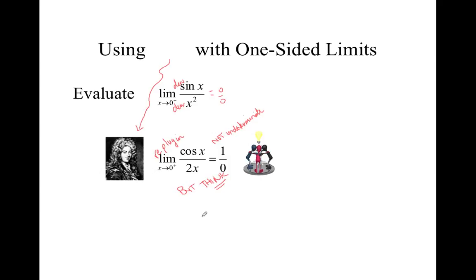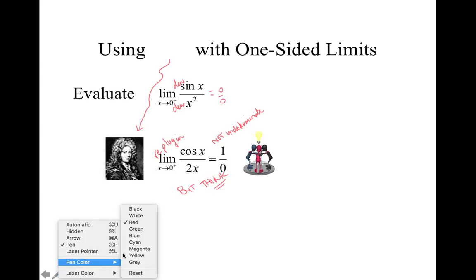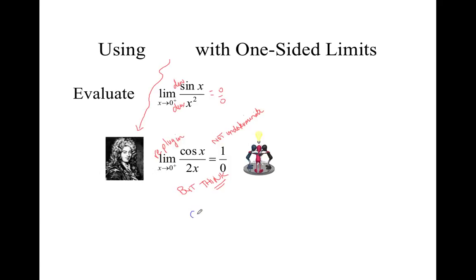So here's what I'm going to guide you. I'm going to show you how to think in this instance. I want you to think of cosine of 0, but not cosine of 0. Cosine of numbers really close to 0. Those numbers are approaching positive 1. But that is a ratio with not 2 times 0, but 2 times numbers that are close to 0.